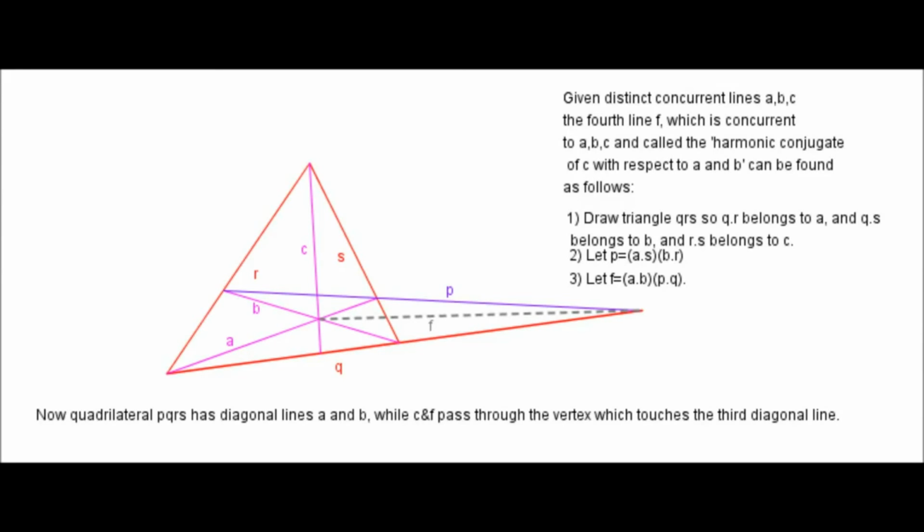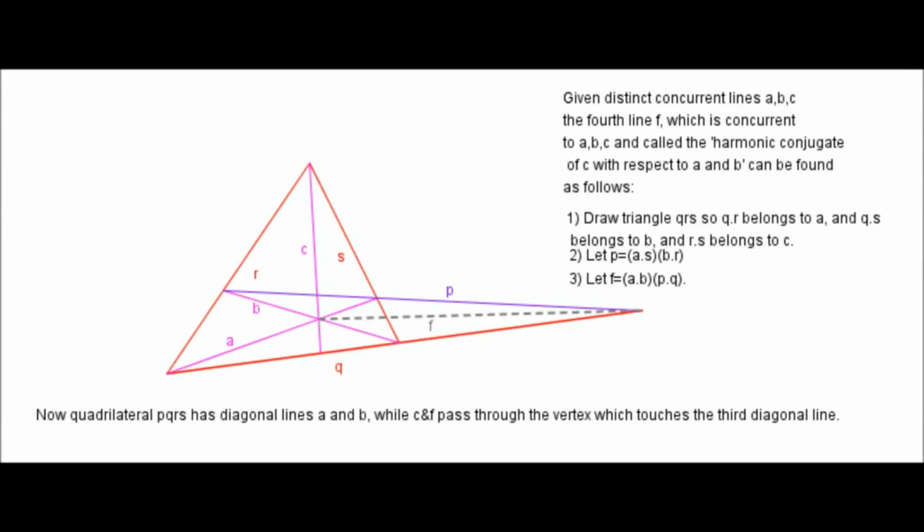Now, if you recall, for definitions of a complete quadrilateral, a diagonal line of a complete quadrilateral is a line which has 3 points on it.